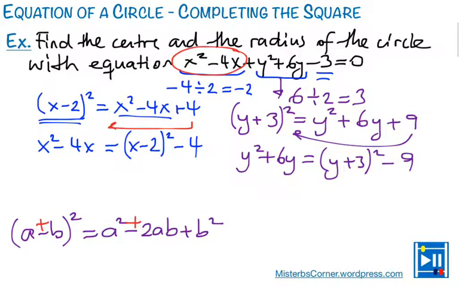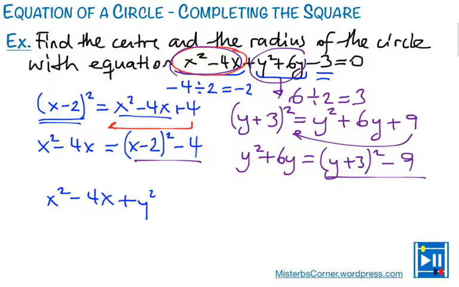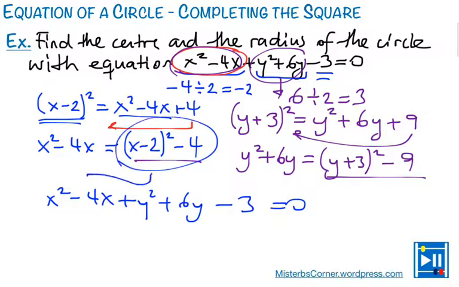Now, why did I take the constants to the other side? Because what I want is that I'm going to replace these expressions here by the completed square forms. So basically, instead of x² - 4x + y² + 6y, I am going to write this for this bit.